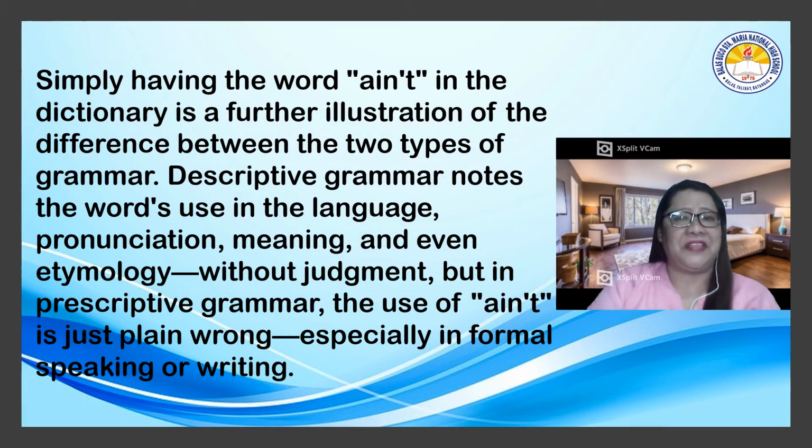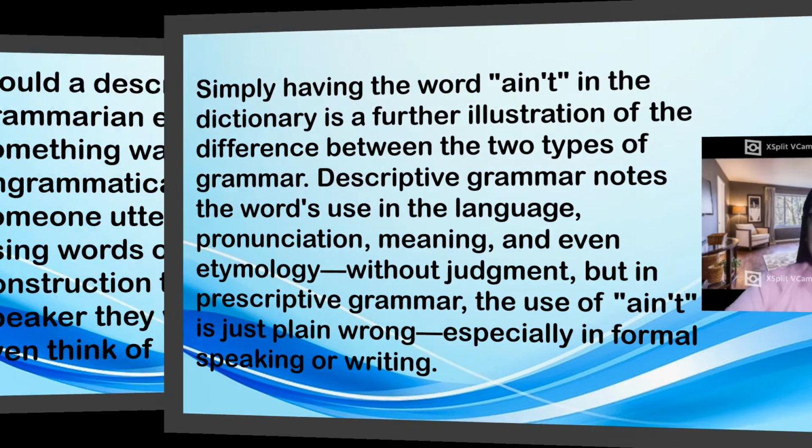Simply having the word ain't in the dictionary is a further illustration of the difference between the two types of grammar. Descriptive grammar notes the words used in the language, pronunciation, meaning, and even etymology without judgment. But in prescriptive grammar, the use of ain't is just plain wrong, especially in formal speaking or writing.